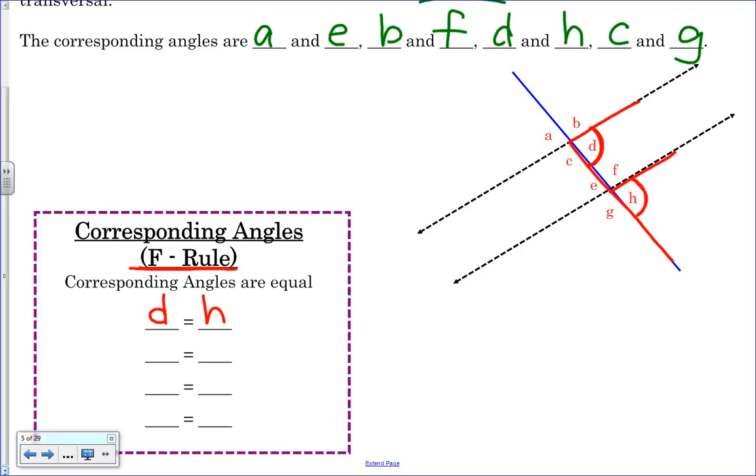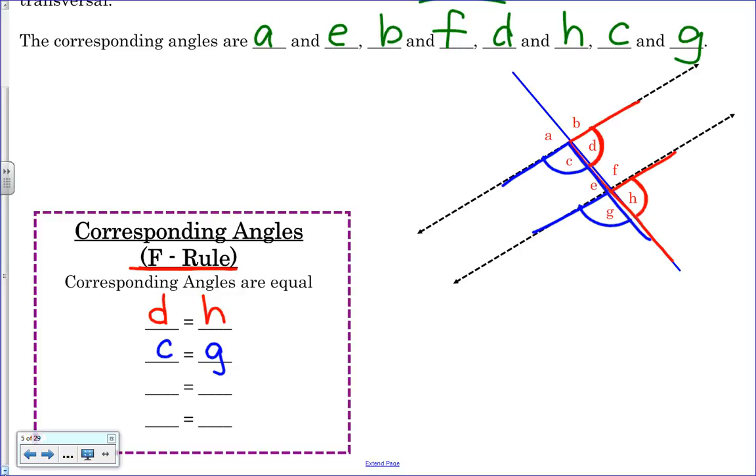Let's look for another F. Let's do this in a different color. Maybe let's take that F and we'll turn it backwards. So if you can see that F, right away we know that C and G are corresponding equal angles. So I can say C is going to be equal to G. Now I can take that F and turn it upside down.